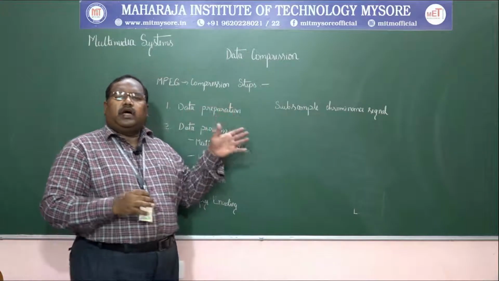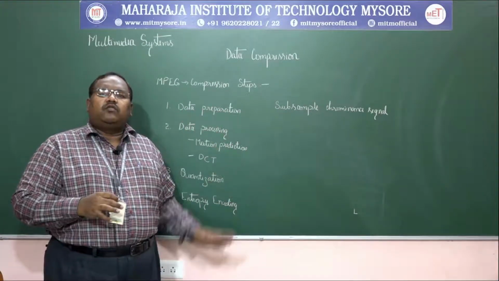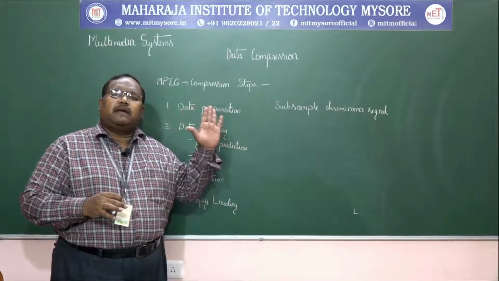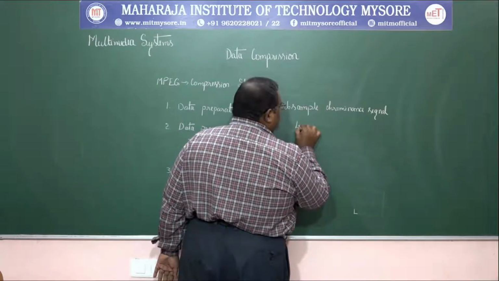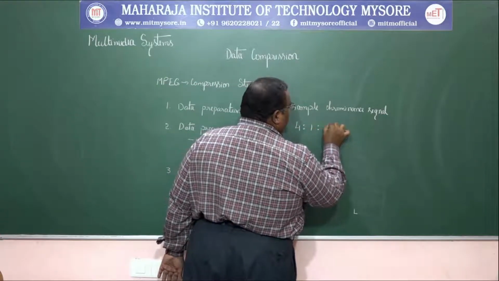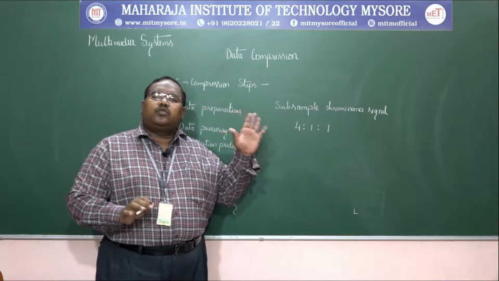We divide the signals into sub-sample chrominance signals, classifying the sub-sampling in the ratio of 4:1:1. So what is this 4:1:1?